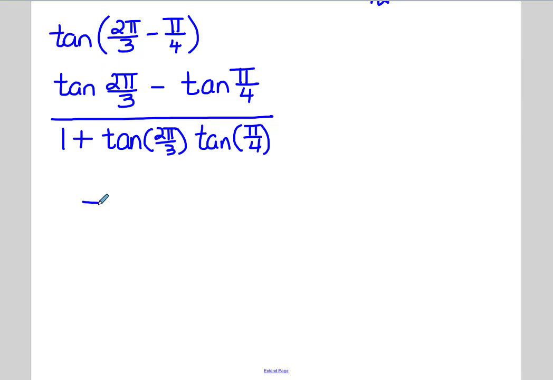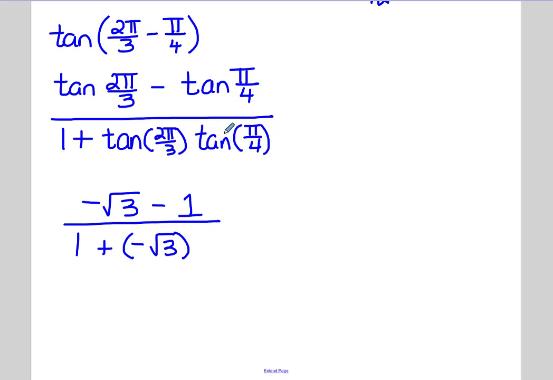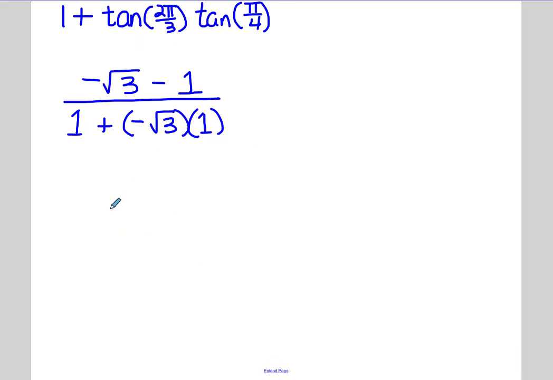This is going to be negative radical 3, and tan of pi over 4 is 1, so we got negative radical 3 minus 1, and this is 1, and we have negative radical 3 again times 1. And putting all that together, we've got negative radical 3 minus 1 divided by 1 minus radical 3.